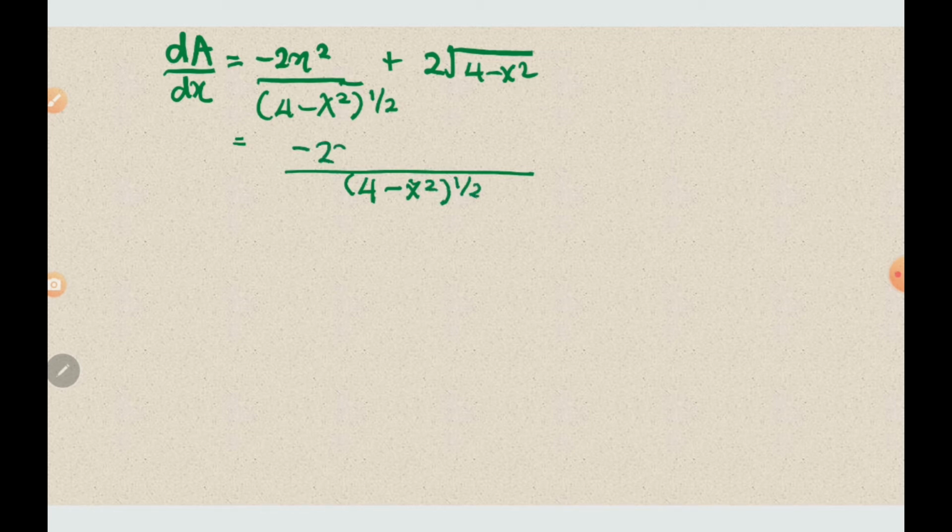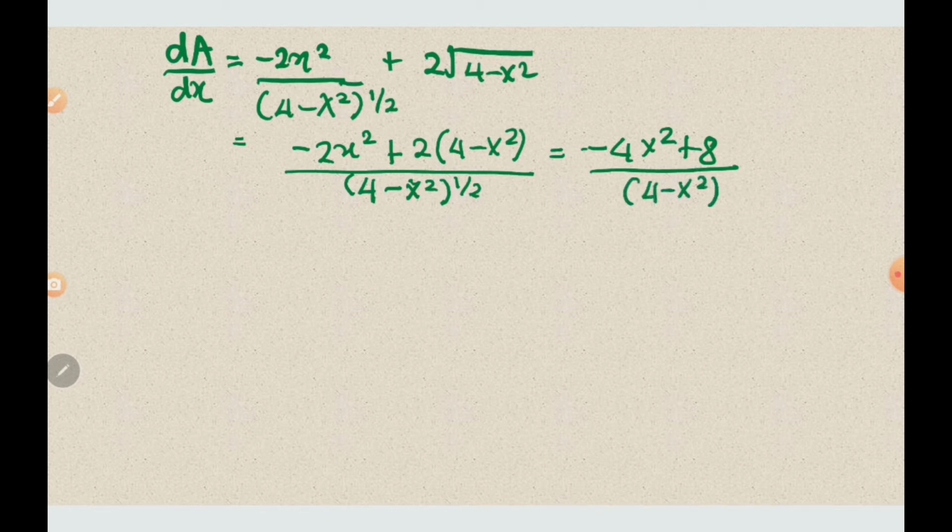Then we have negative 2x squared plus 2 times (4 minus x squared). Then we simplify to get negative 4x squared plus 8 over (4 minus x squared) to the power of 1 over 2. This is dA/dx.